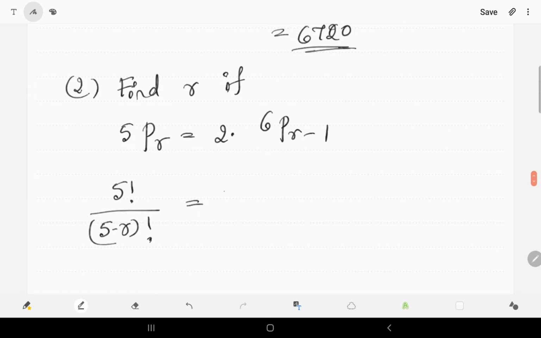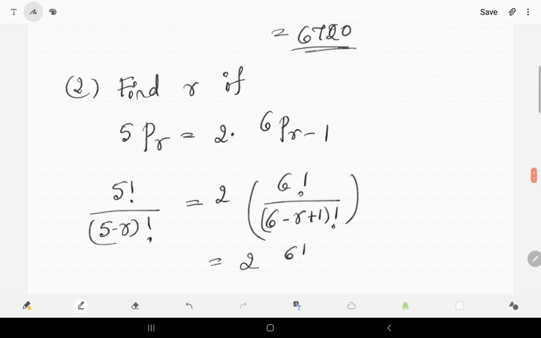That is equal to 2 into 6 factorial divided by (6 minus (r minus 1)) factorial, that is 2 into 6 factorial divided by (7 minus r) factorial.